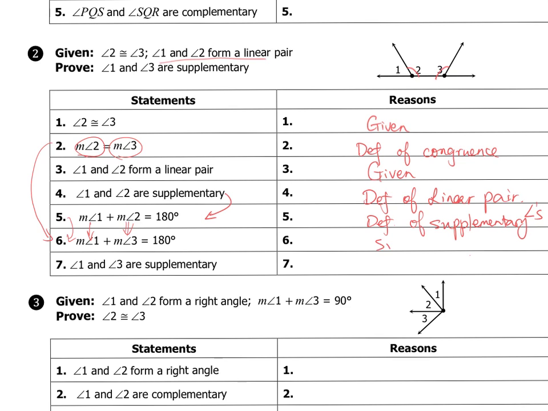So that's a substitution. And then 180 still comes down, right? Or a transitive property. Either way you do it. In my case, I find substitution a little bit easier. So now angle 1 and angle 3 add up to 180. And by definition of supplementary angles, they are supplementary. So you just made a proof there.